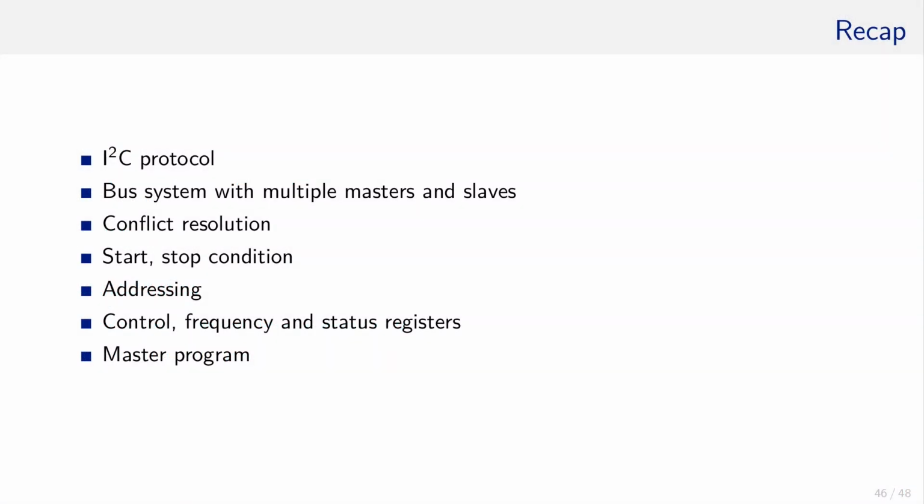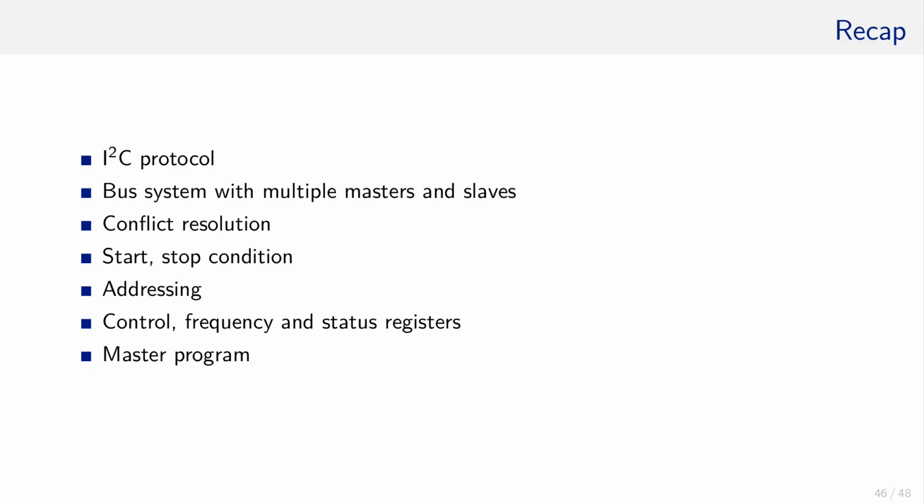So what did we do in this I2C chapter? We talked about the protocol and figured out that I2C is a bus system that supports multiple masters and slaves. Since so many devices can participate in the communication, a conflict resolution is required. In I2C, this has been solved quite elegantly by allowing the master to reread the data and compare it with the written data.